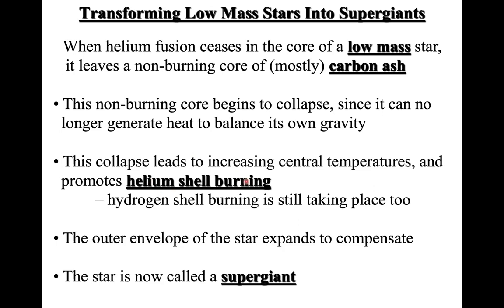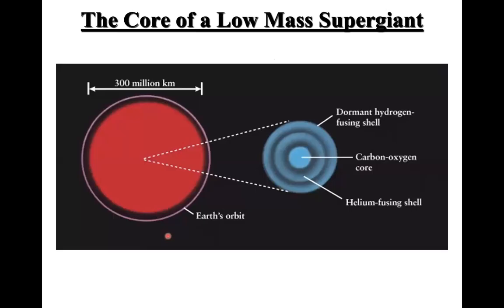Now, when the helium shell, which is the next layer out, starts to burn, the outer envelope of the star will expand to compensate for that. And this stage is what we call a supergiant, right? And as you see here, you have the carbon oxygen core and this helium fusing shell and also a hydrogen fusing shell.